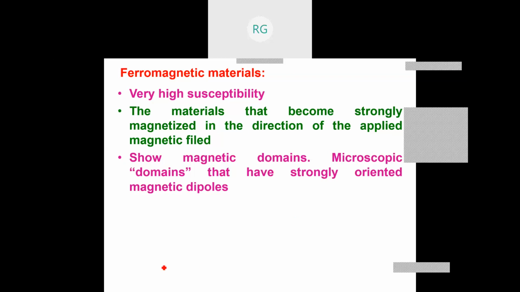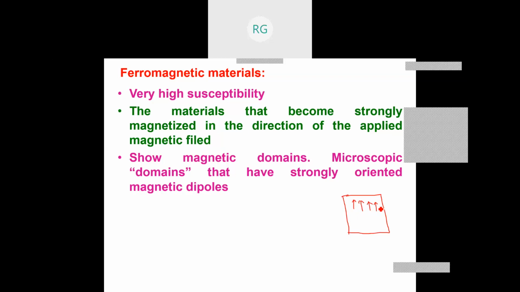Now, to understand these magnetic dipole moments, I take an iron bar or iron material, something like this. And we have written that in ferromagnetic materials they have magnetic moments of equal and parallel dipole moments like this. All of them are exactly oriented in the same direction.